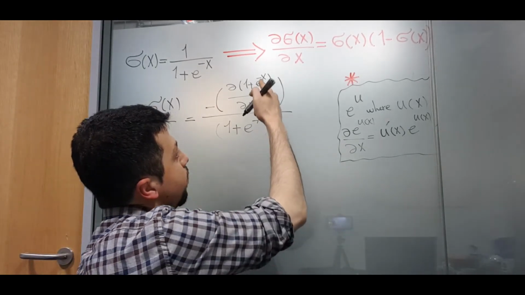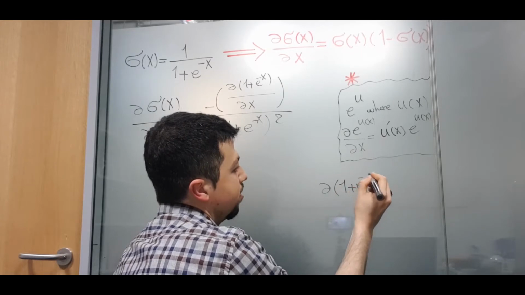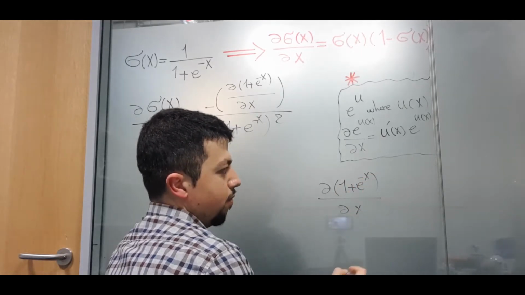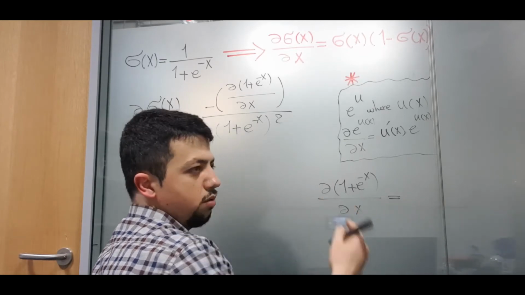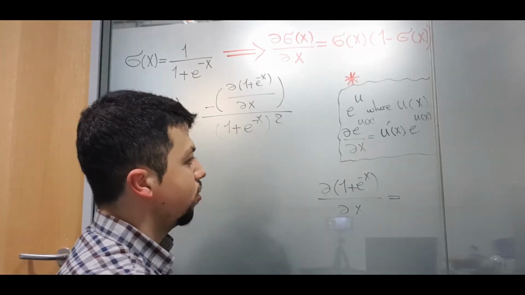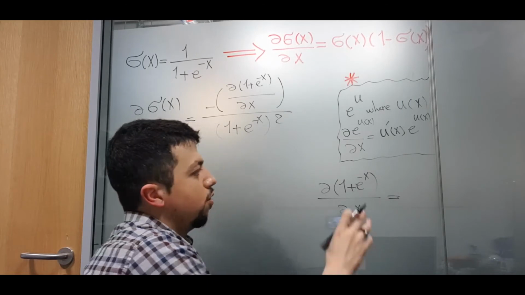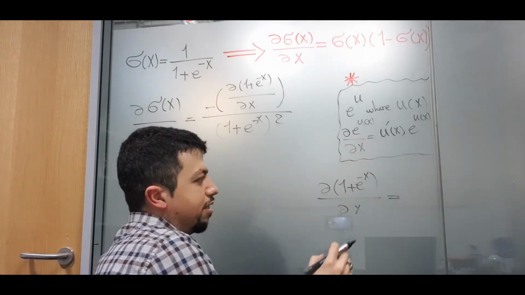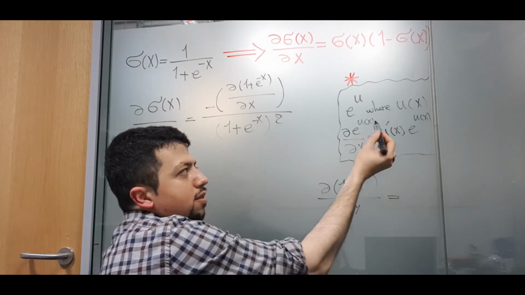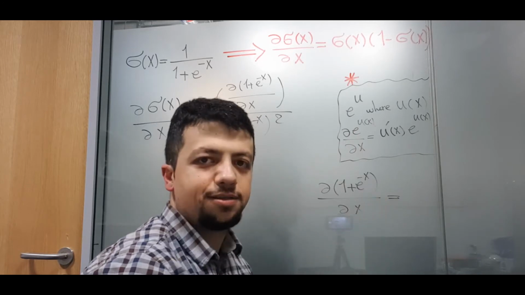The partial derivative of 1 plus e to the power minus x with respect to x: 1 is a constant, and its derivative is 0, so the only term we have to be concerned with is e to the power minus x. The derivative of that with respect to x, according to our rule, the power is a function of x. It's minus x, right?